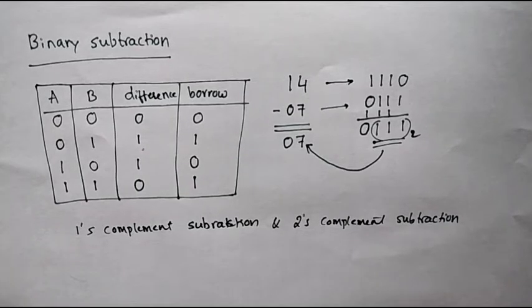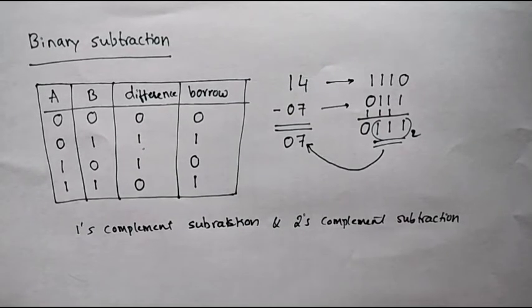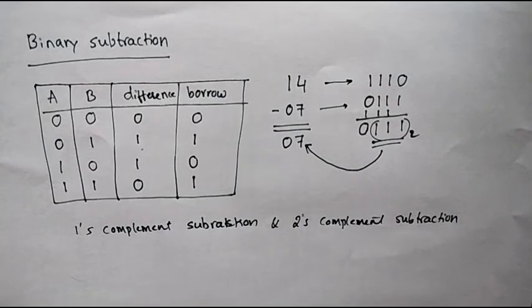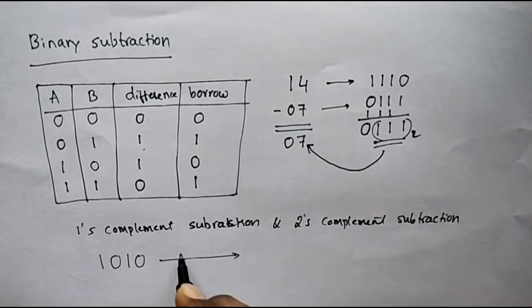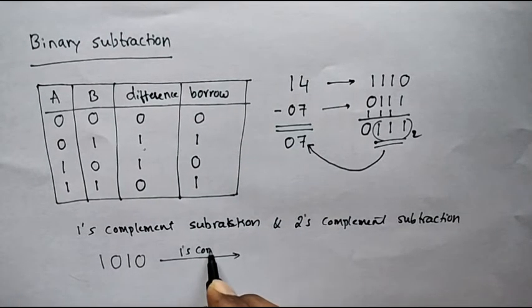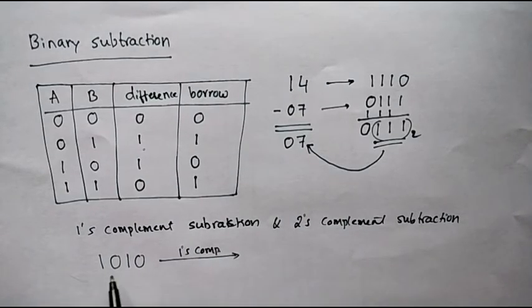1's complement of a binary number is an inversion of individual bits. For 1's complement of this number, we are supposed to invert or negate each bit of the binary number.